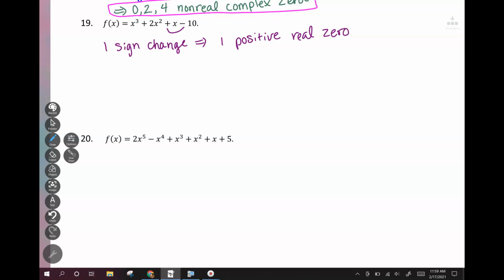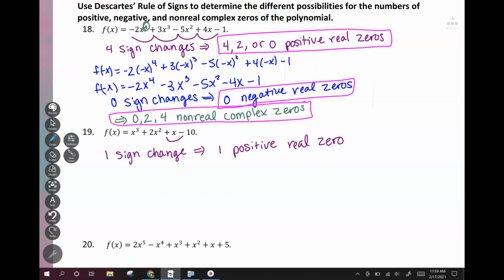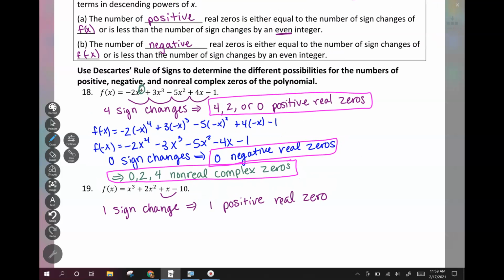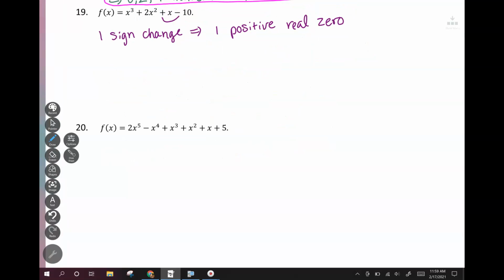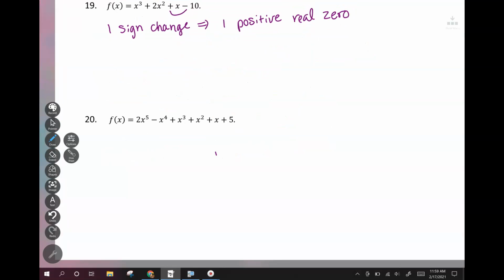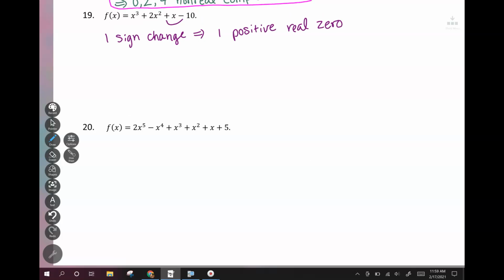We can't go down any and have 0 positive real zeros because it says the number is less than the number of sign changes by an even integer. So we'd have to go down by 2, and we can't. Okay, so just one positive real zero.